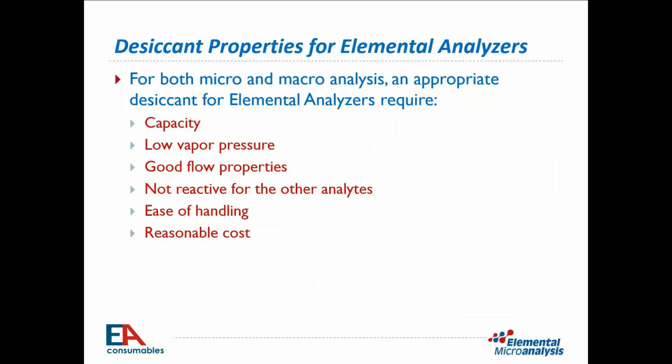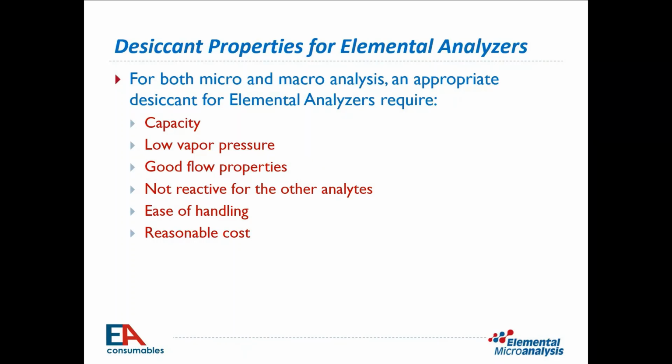Now, our ideal properties for a desiccant would be to have sufficient moisture capacity to allow for a day or a shift of samples to be processed before it needs to be changed, for it to have a low vapor pressure, meaning that it really captures most of the water vapor that's going past it, such that traces of water do not interfere with the other analytes.